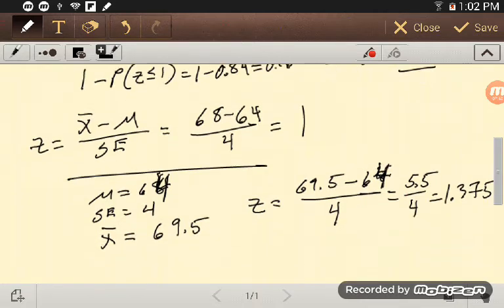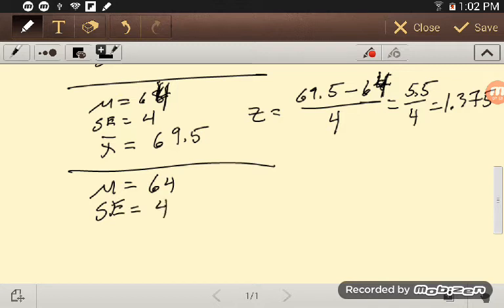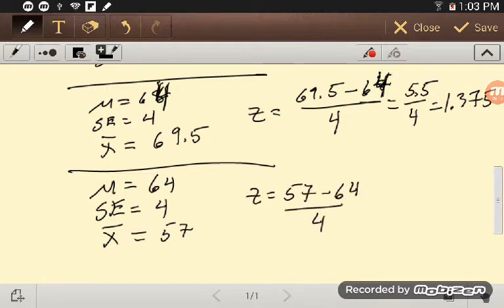Okay, if the number were negative, so mu is 64, standard error is 4, and say x bar is less than that, and so we're down here at maybe 57. Then we would have our z is 57 minus 64 over 4.